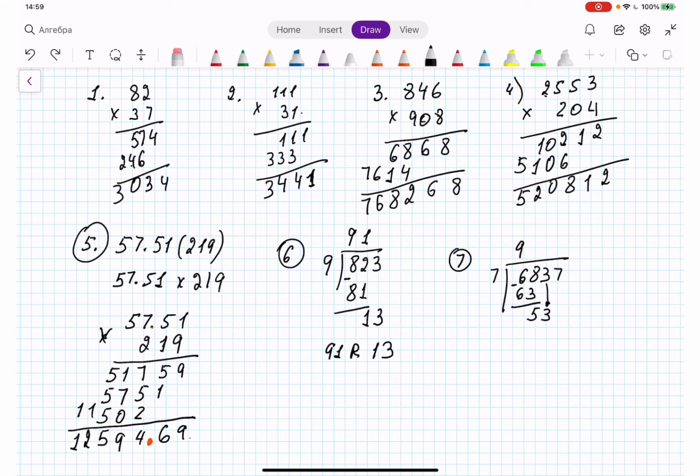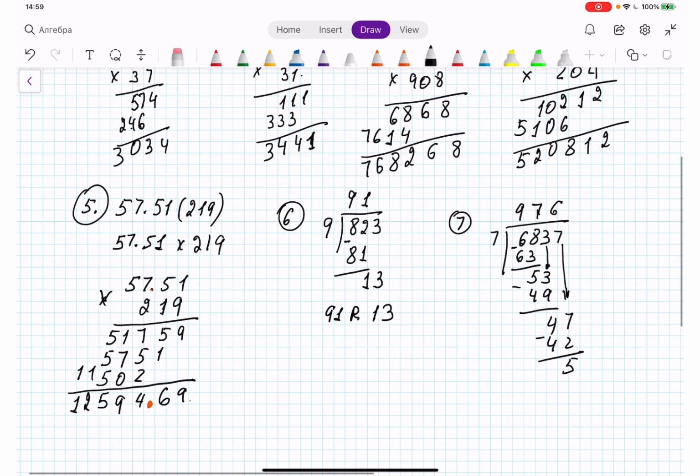All right, so I'm taking, like I said, 7 times, 49. 13 minus 9 is 4. 4 minus 4 is 0. That's it. Bringing down this 7. 47 divided by 7 is going to be 6 times, 42. And the remainder is 5. As you can see, it's less than 7. Okay, we are done.